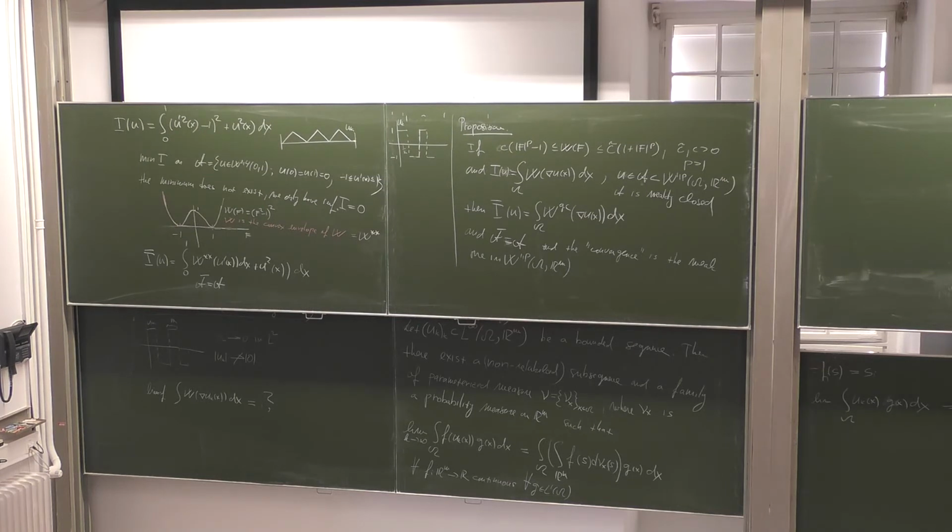And my sequence has also a weak limit, say, weak star limit in L infinity, and this will be some u. So at the same time, this converges to something in omega, u(x) g(x) dx.